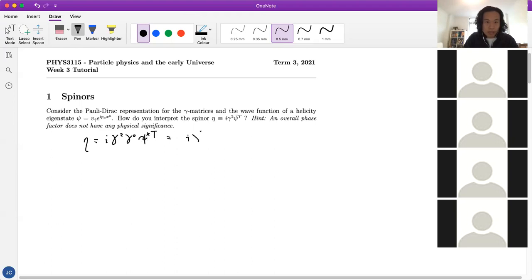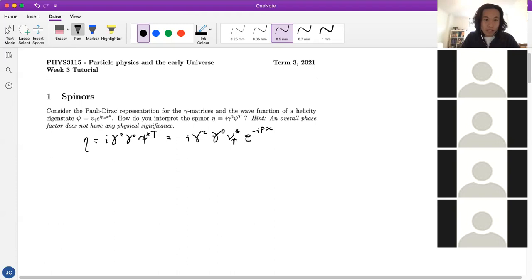So we get i gamma 2 gamma naught, and then this v spin up conjugated, and then e to the minus i px. I'm going to ignore the Lorentz indices. It's implied that this is a sum, but we're not going to touch this term, so I'm just saving time writing it out.